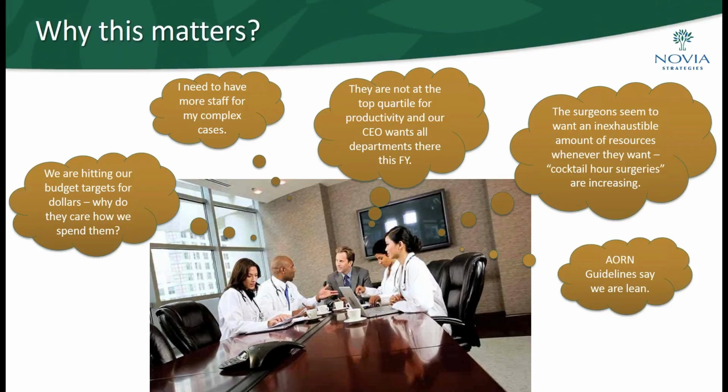Then we have another perioperative manager that's thinking that she's having difficulty responding to the desire to have what she feels is an inexhaustible amount of resources for surgeons, and the cocktail hour surgeries are increasing. And then a final perioperative services manager that has reviewed the ARN guidelines, and according to those guidelines and how she's interpreted them, their staffing is lean, so she's wondering why they're talking about productivity benchmarks.